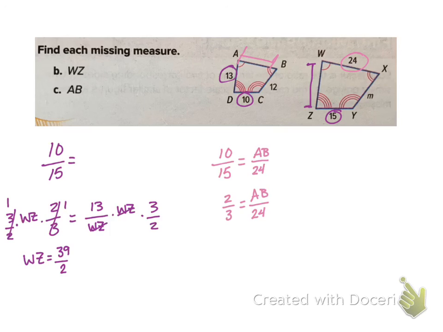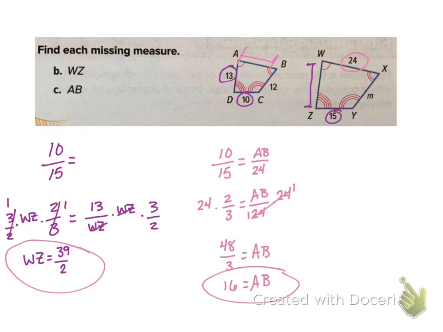To solve for AB, we need to multiply by 24 on both sides. Reduce this to 1. 24 times 2 is 48. Divided by 3 is AB. And 24 divided by 3 is 16. So that one worked out really nicely there for us. So we can circle those two answers.